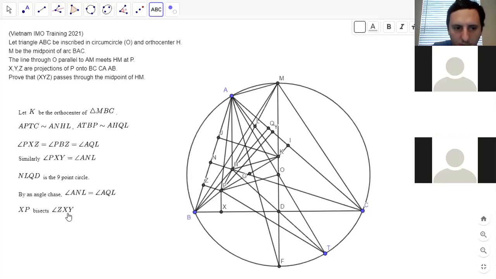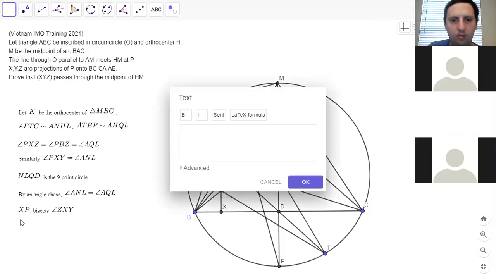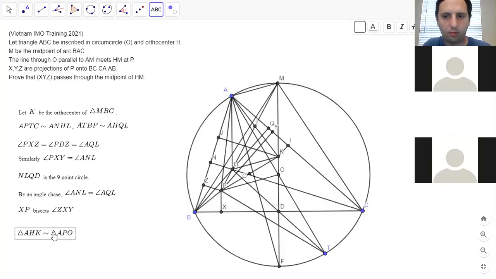Actually, we also need the similarity of AHK and APO. Okay. And that's kind of from what Khan wrote earlier. I think so. So he did a couple of ratios earlier, so I'm going to copy that.